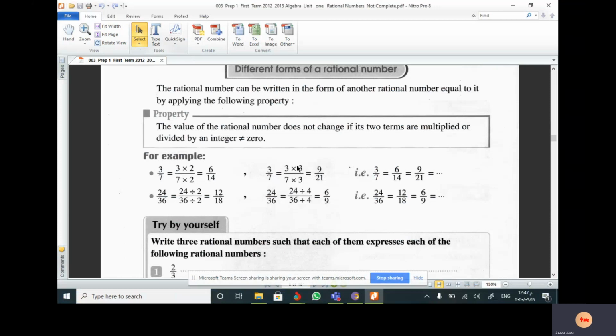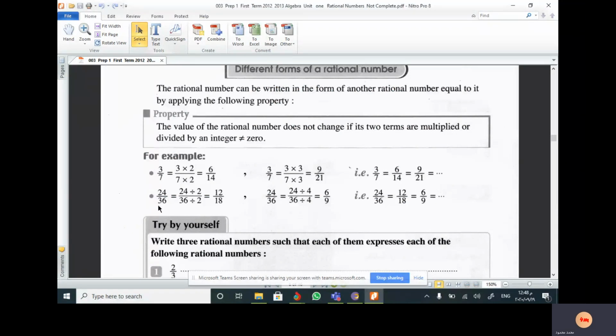If you multiply the two terms by 3, you will get 9 over 21. All of them are the same. 3 over 7 is the same as 6 over 14, the same as 9 over 21. And you can write more and more equal rational numbers.